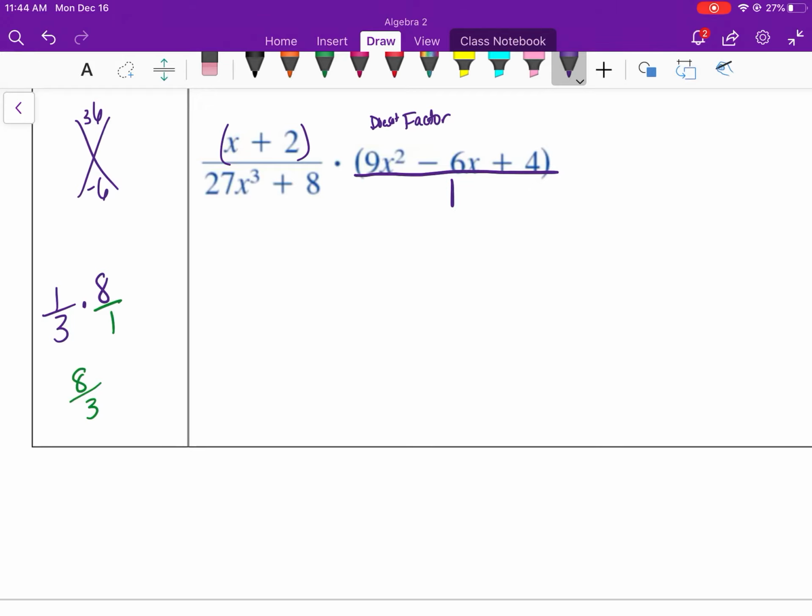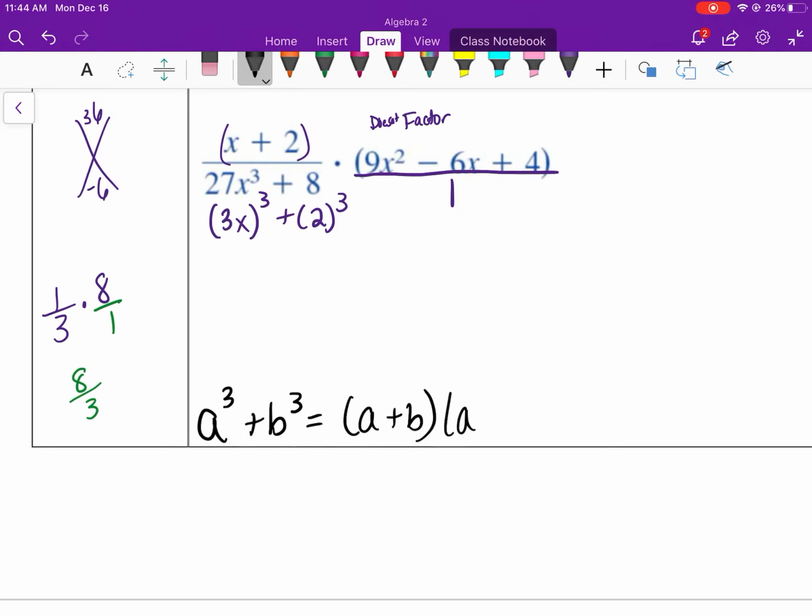Now 27x cubed plus 8 is actually sum of cubes. 27 is 3x cubed and 8 is 2 cubed. So you need the sum of cubes formula, which is a cubed plus b cubed equals a plus b, then it's a squared minus ab plus b squared.